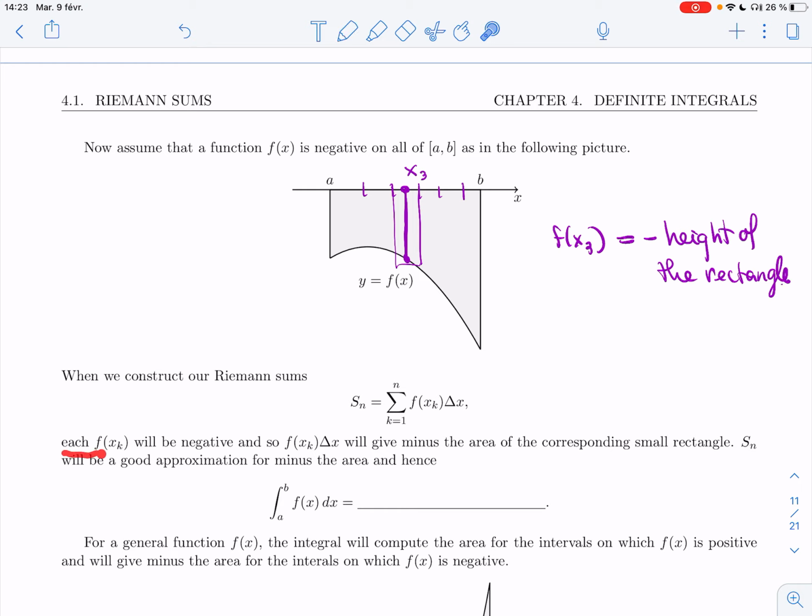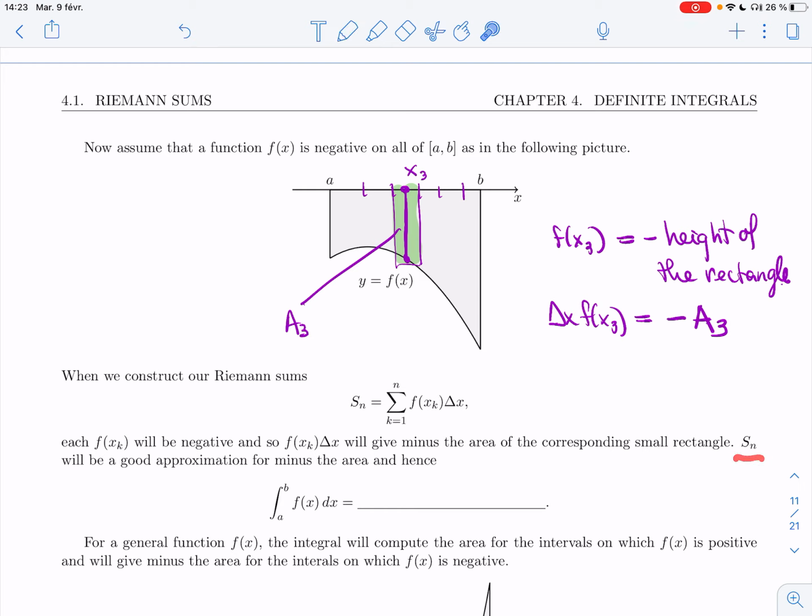All right, so each f of xk will be negative, so these will give minus the area of the corresponding rectangle. So delta x f of x3 will be minus a3 if I take this as a3.